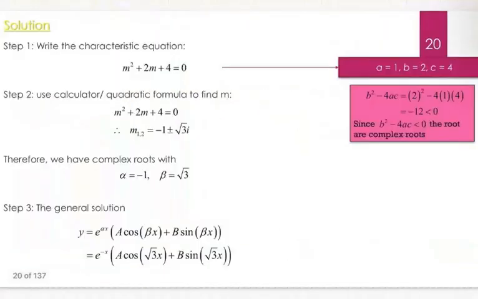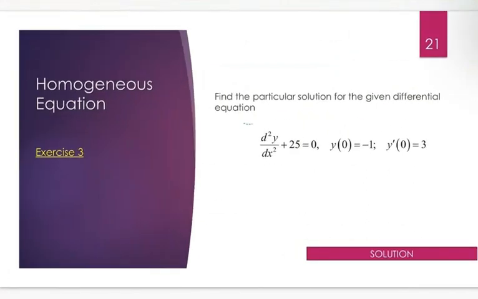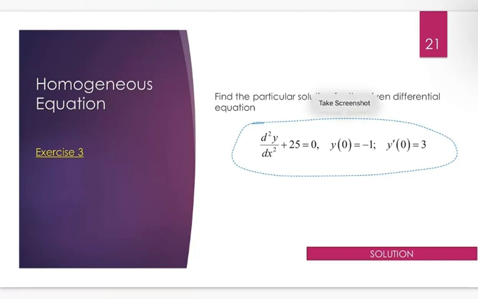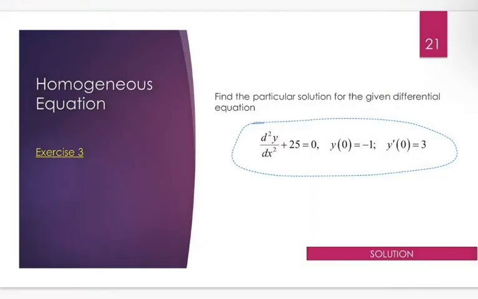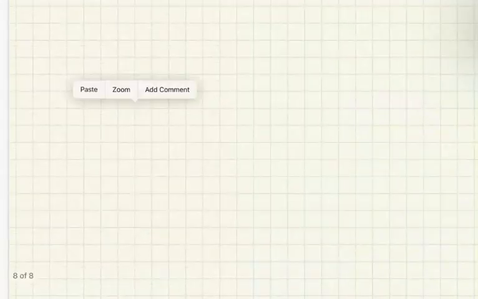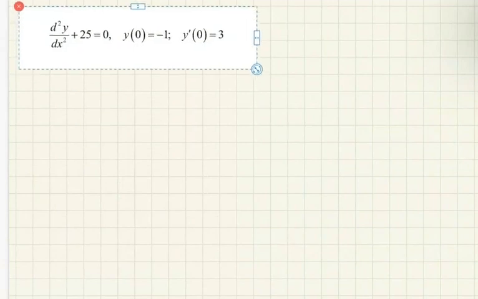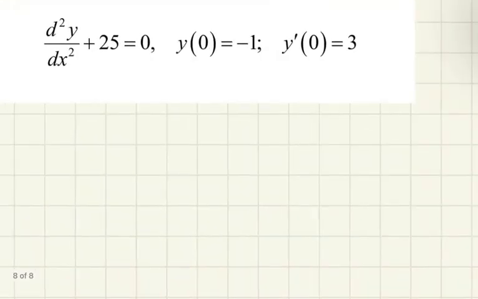And let's see another example. Okay, so we have d squared y over dx squared plus 25y equal to 0.